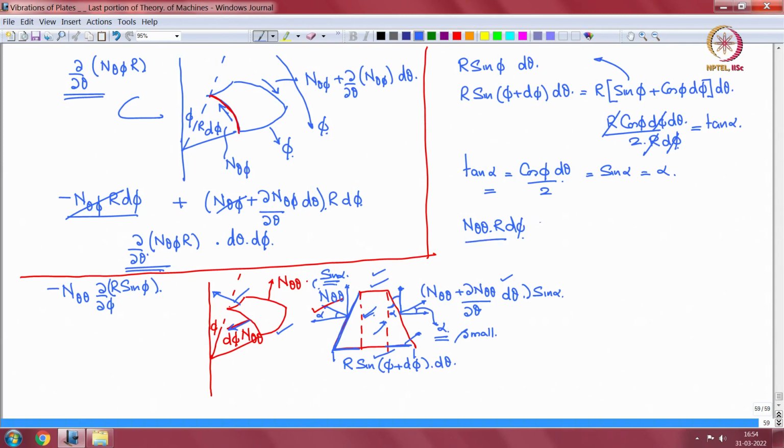Then sine alpha, which is cos phi d theta by 2, plus the same thing, n theta theta plus del n theta theta by del theta d theta, again times sine alpha, which is cos phi d theta by 2.